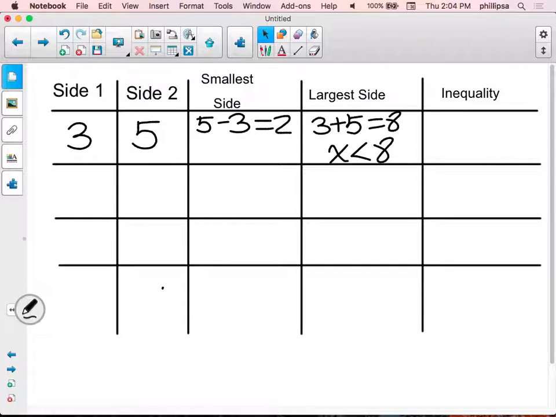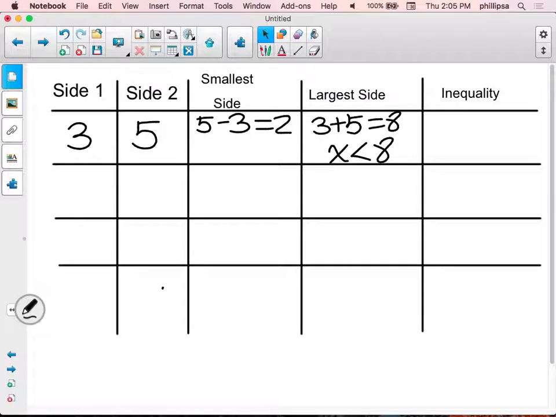And I get 2. Well, what about 2? Can it be less than 2? No, right? Because 3 plus 1 would be 4. And 4 is less than 5, right? Which tells me I can't have a triangle, okay?